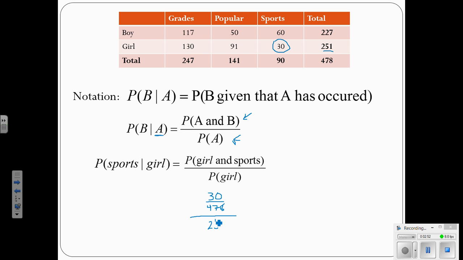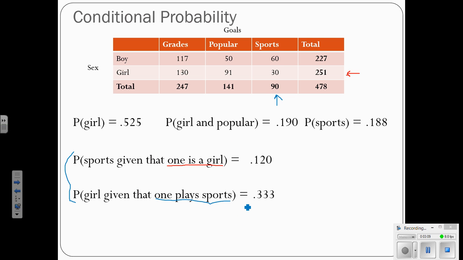What we should notice here is that those 478s are going to cancel, and we're left with the way that we did it on the previous page, which is 30 out of 251, which we saw right here, 0.120.